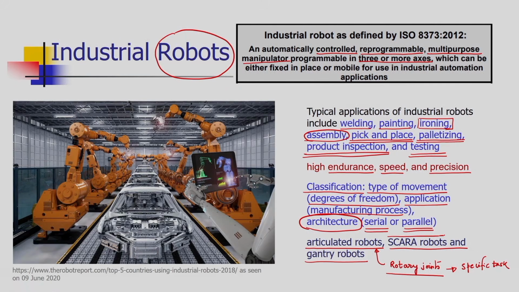SCARA is also a very useful configuration, and the meaning of SCARA is selective compliance assembly robot arm. Selective compliance assembly robot arm is the long form of the SCARA robot, and the gantry robots are the overhanging robots which are used to carry out variety of tasks.